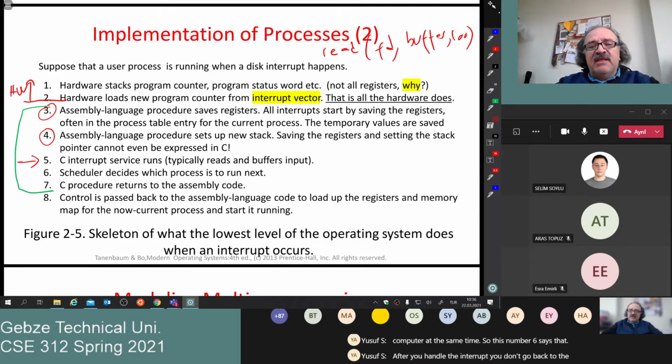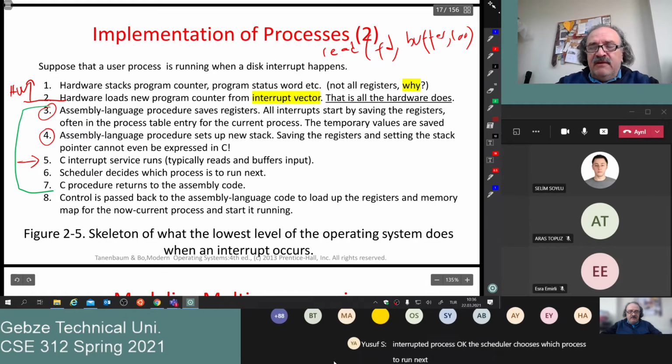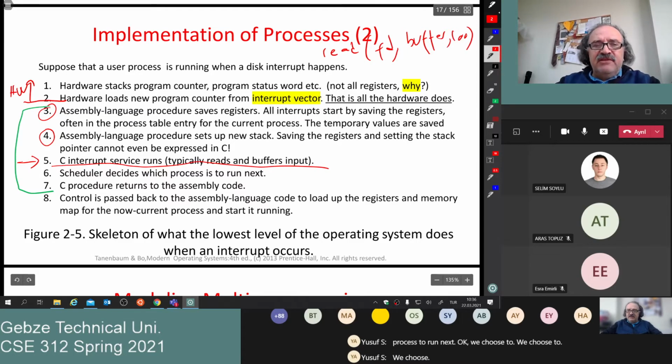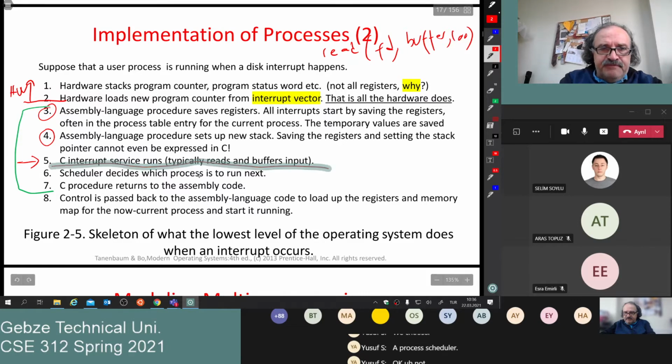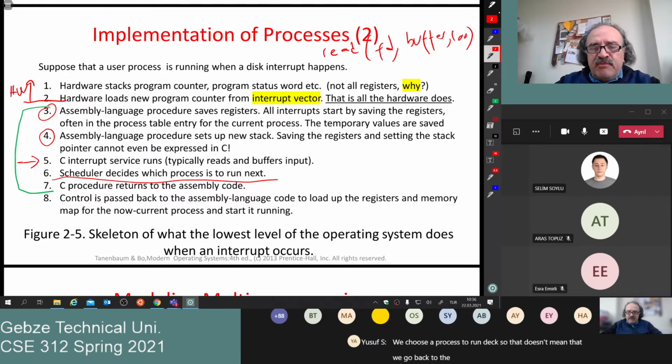The scheduler chooses which process to run next. We choose a process to run next. So that doesn't mean that we go back to the interrupted process.